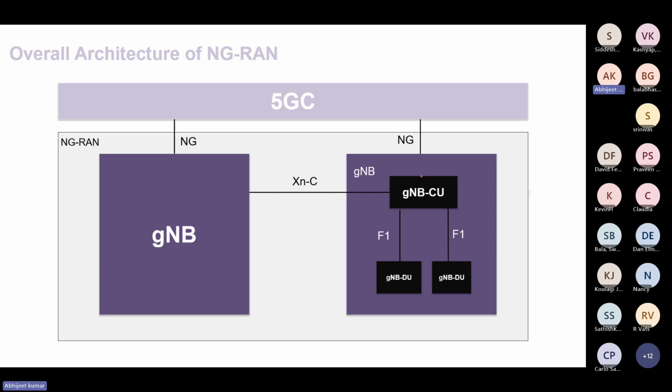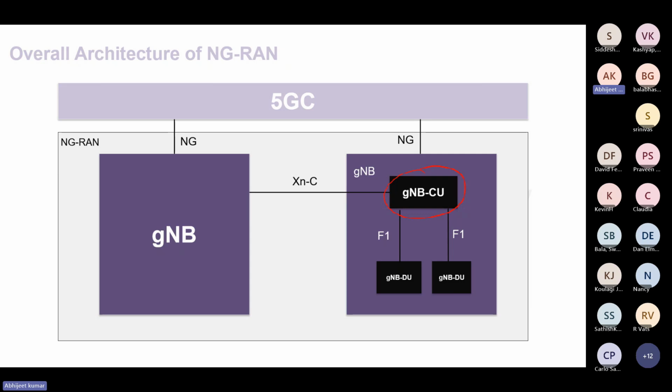So the first part is split as gNodeB-CU, that is called gNodeB central unit or centralized unit. This part basically handles the control plane of the network. It means the main function, or what it is responsible for, is to manage session management, mobility management, and interfacing with the core network.